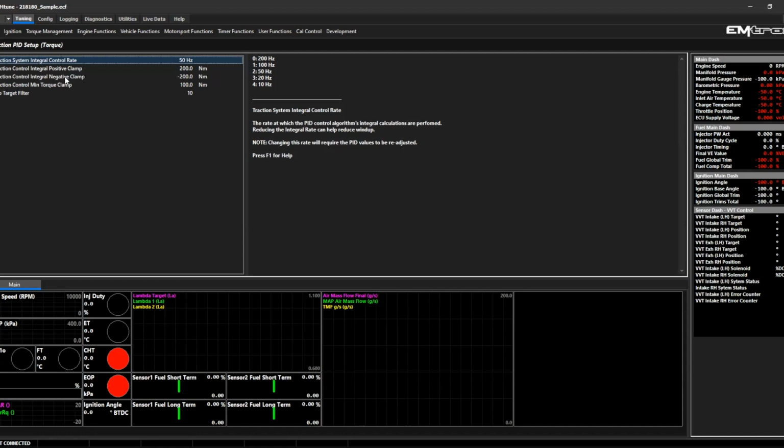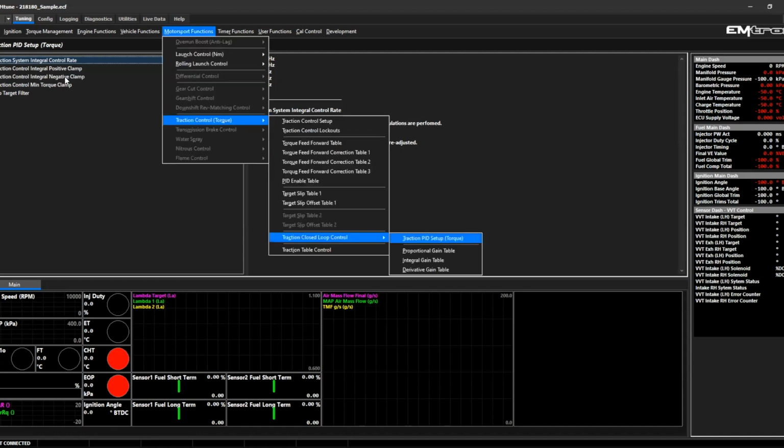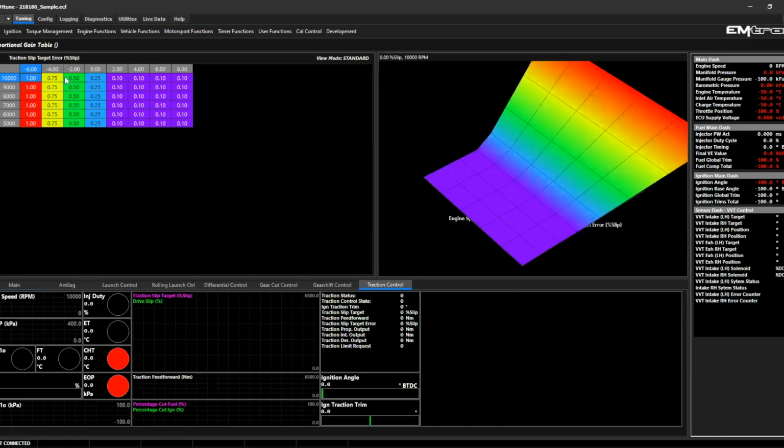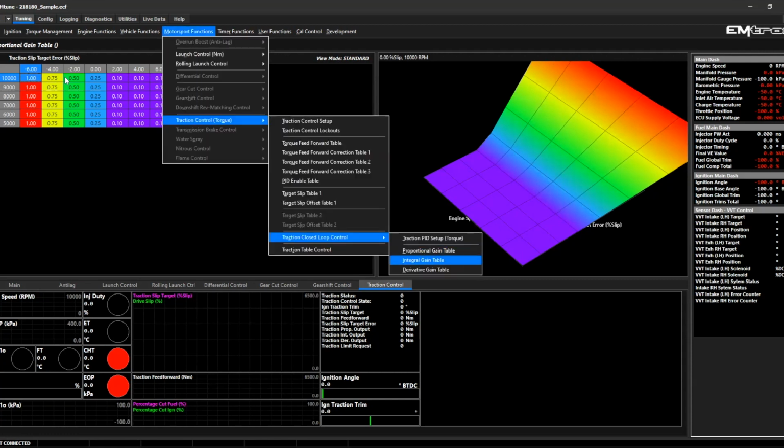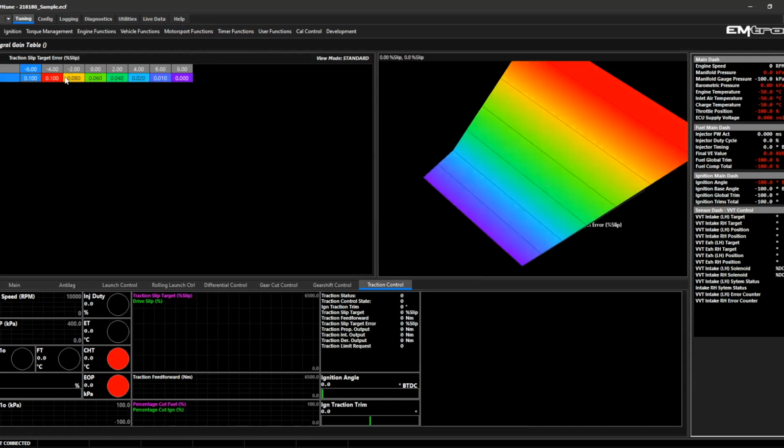Just like most PID systems with good feed forwards. In this case, here's a common example. This is the front wheel drive, but you can see here a very little amount of gain required to control the wheel slip. Integral is much the same. In this example, I just make sure the feed forward drives into some amount of error, in this 2 to 4, 6 range.